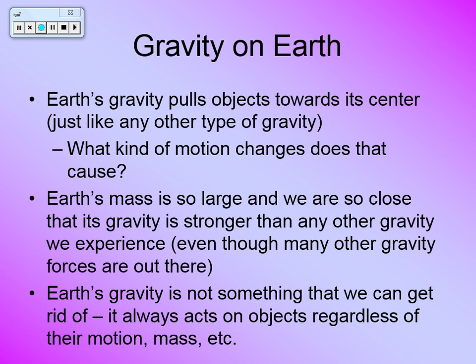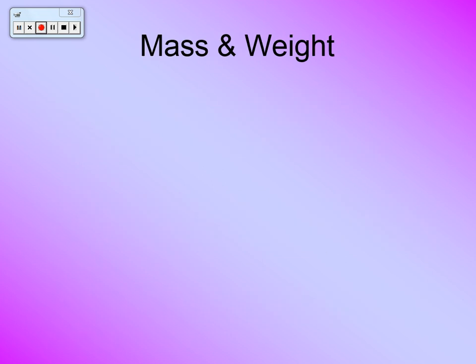The Voyager spacecraft that left the solar system, whatever, 10 years ago, there's still some gravity that exists between Earth and that Voyager spacecraft, right? It's real small because the distance is very, very large, but there's still some gravity there, okay? All right, mass and weight.